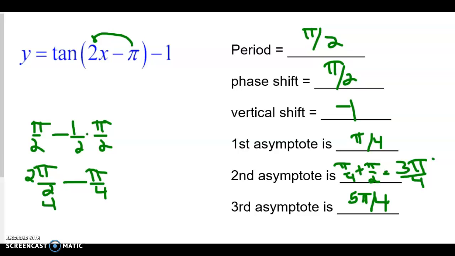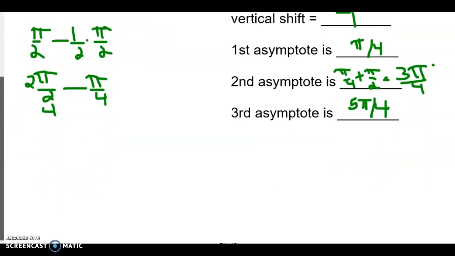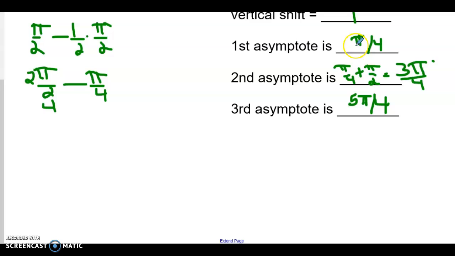Now, when you go to graph these, you are going to just draw dotted lines for each of those asymptotes. And then you draw in, as I call them, my little squiggly lines to make my tangent. So for this one here, I would start by putting in my X and my Y axis. Then I would draw dotted lines at each of these.